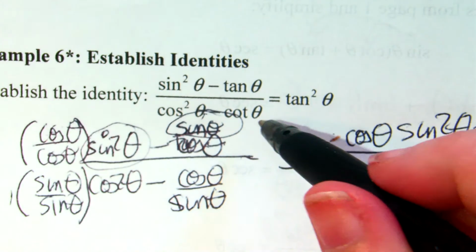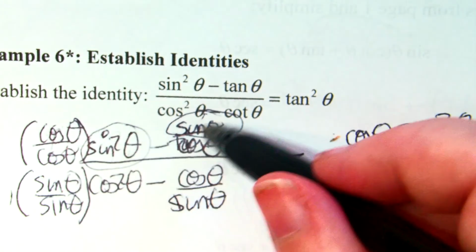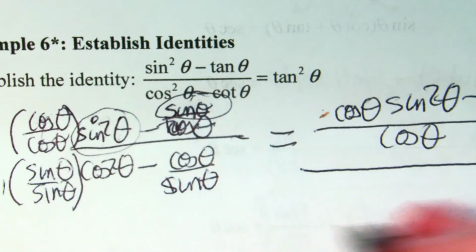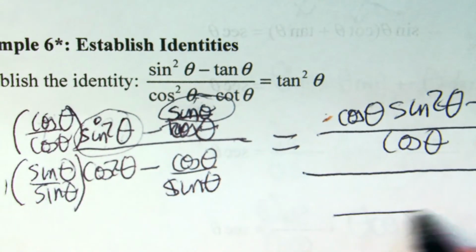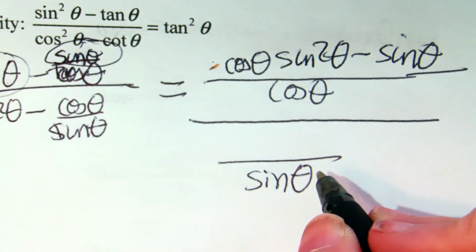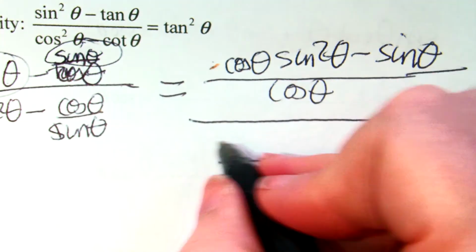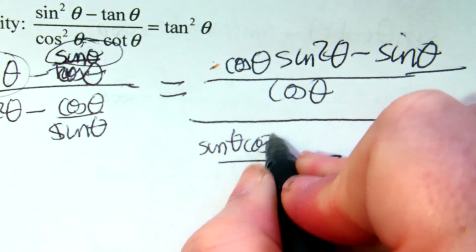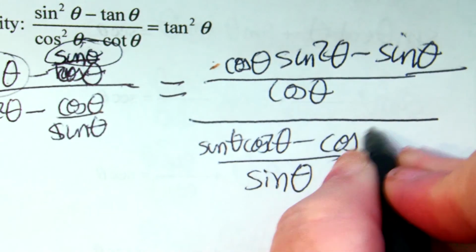Oh, we're just multiplying this one by it, and this is already over cosine. Over, these are both over sine theta. There, that's better. We get sine theta cosine squared theta minus cosine theta.